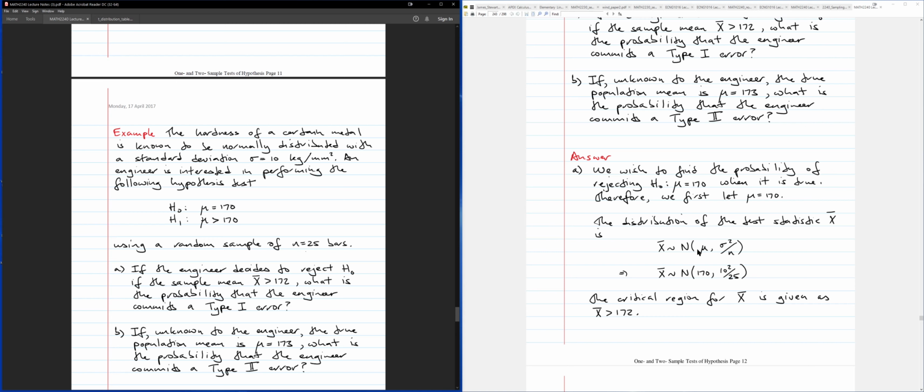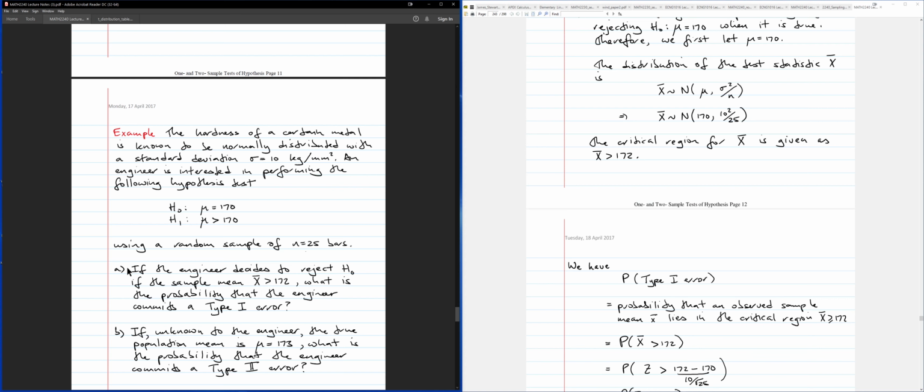The mean of that normal distribution is 170, coming from the H0, which is true. The variance for the X bar is sigma squared over n, so with sigma 10 and n 25, we get a variance of 100 over 25.